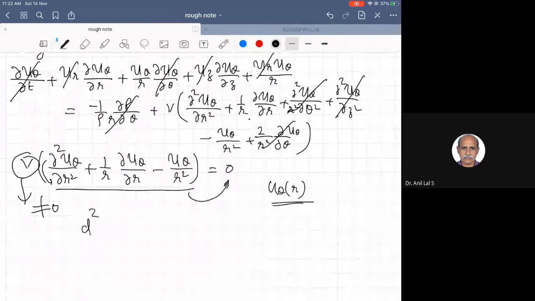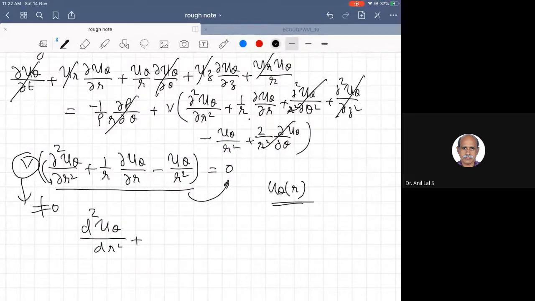You can write d squared u theta by dr squared plus 1 by r du theta by dr minus u theta by r squared is equal to 0. This is an ordinary differential equation.